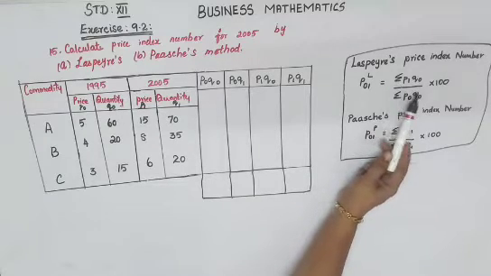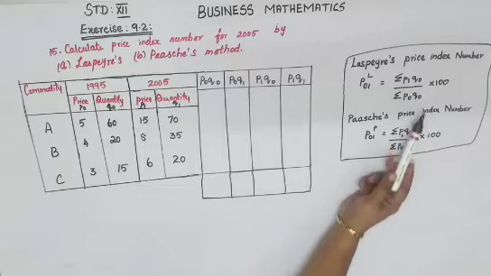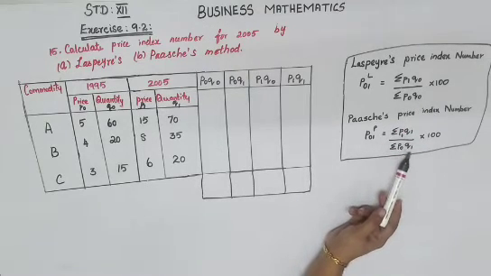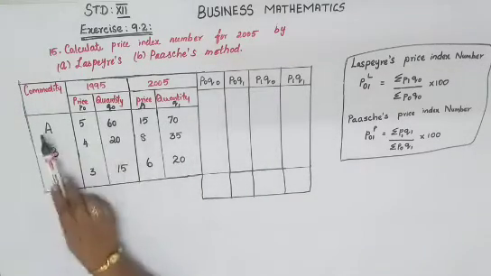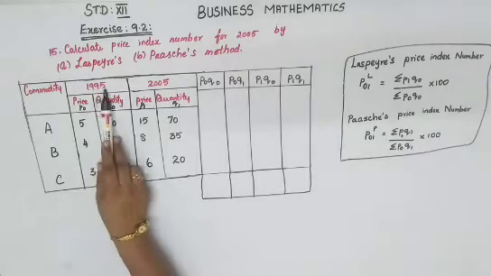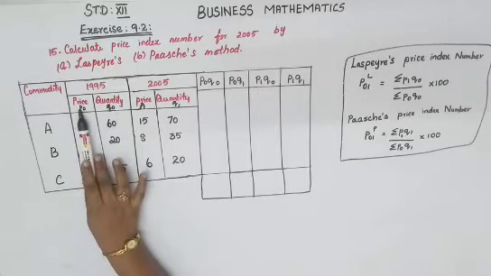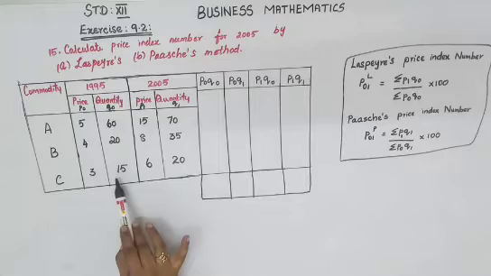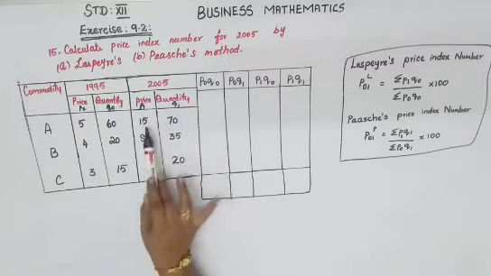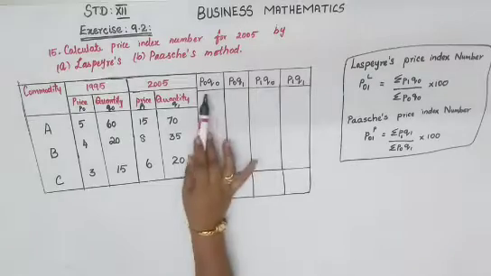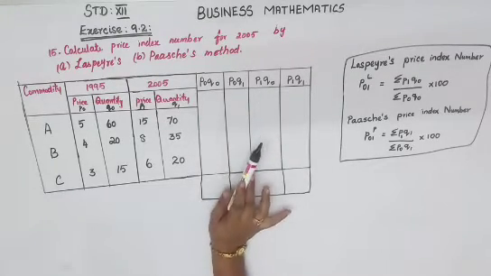So P1 Q0, P0 Q0, P1 Q1 and P0 Q1 are needed, which we'll have to find in separate columns. Your question will be this: the commodity will be given and the base year is 1995. For that, price and quantity will be given in two columns, and your current year is 2005. For that, price and quantity again in two columns will be given. So these four values we'll have to find separately.